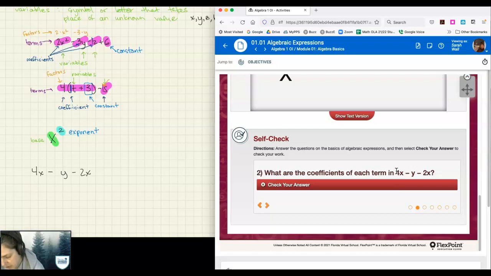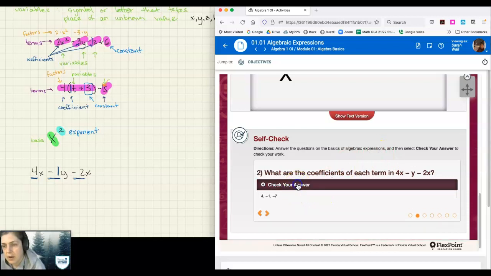So what are my coefficients? Ooh, let's do that in blue because that's what coefficients stand for. One coefficient is 4. Remember, you have an invisible 1 right there. And so that's actually going to be a -1 and then a -2 because you have to take the sign. Now I'm going to check my answer.